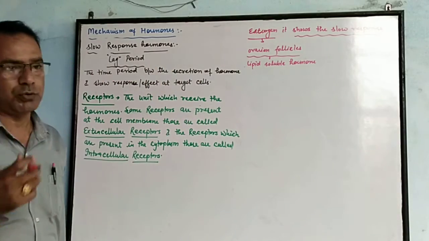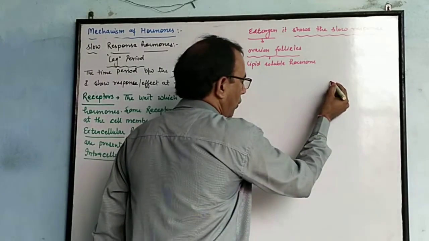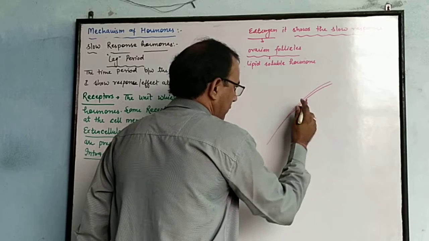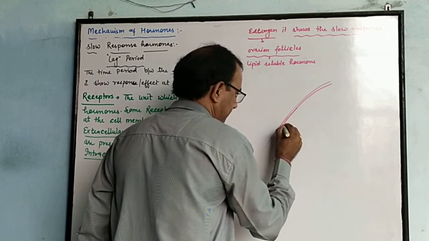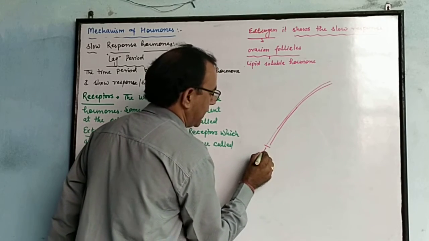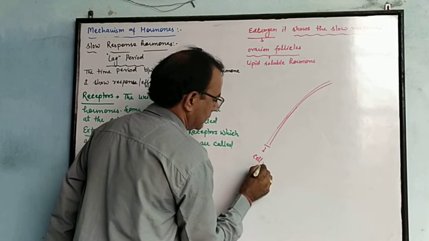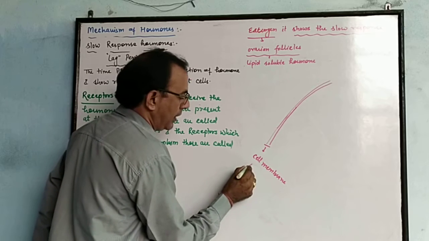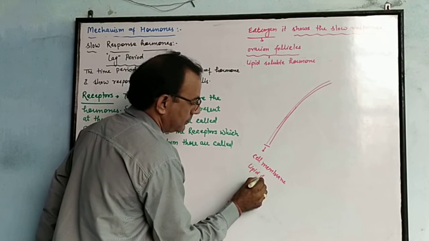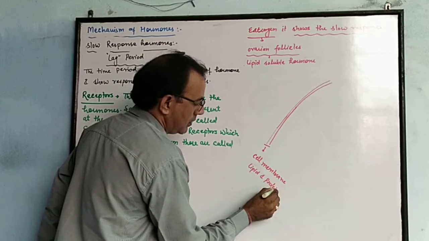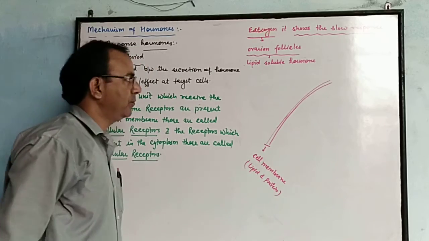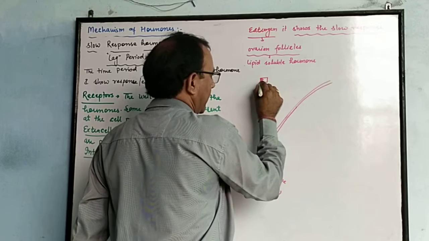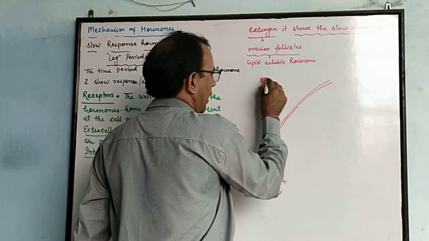This estrogen reaches the ovary. This is the outer membrane of the cell, which is known as the cell membrane. And we know that the cell membrane is made up of lipid and protein. Suppose this estrogen is secreted by the ovarian follicles, outside the membrane.